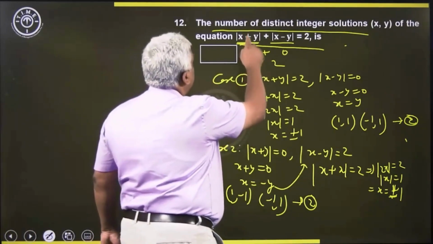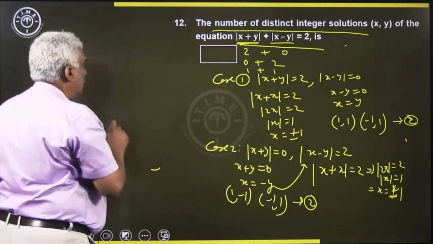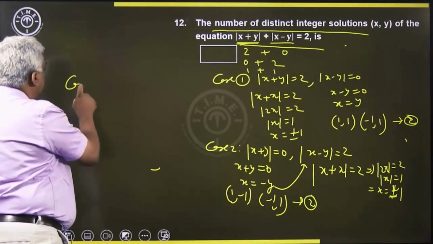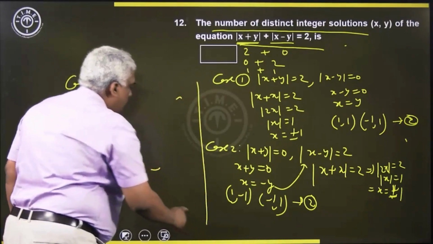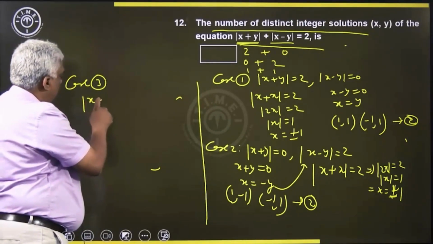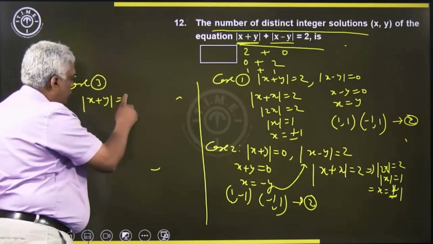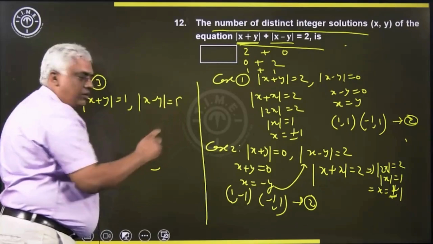The third case can be 1 plus 1 equal to 2, right? So the third case is mod of x plus y equals 1 and mod of x minus y is also 1.